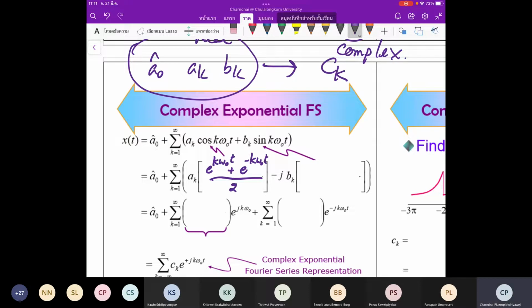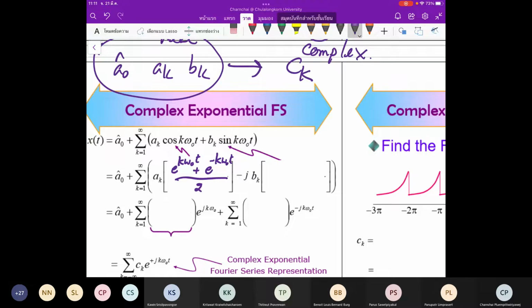How about sine? Just plus BK first. Sine k omega naught t would be e to the j k omega naught t minus e to the negative j k omega naught t, and there's a j there, all over 2j.